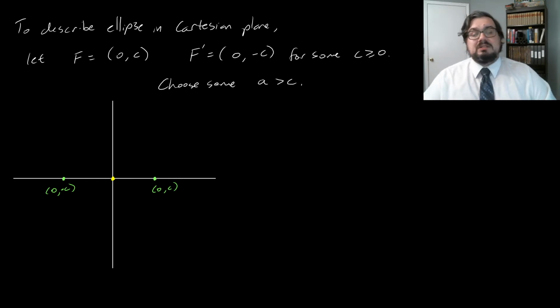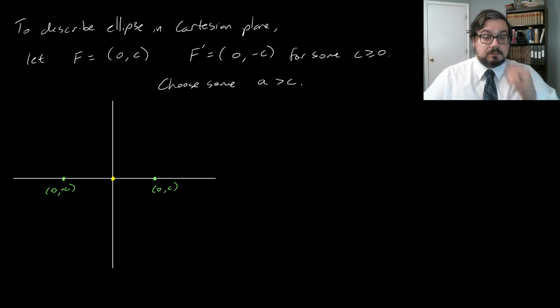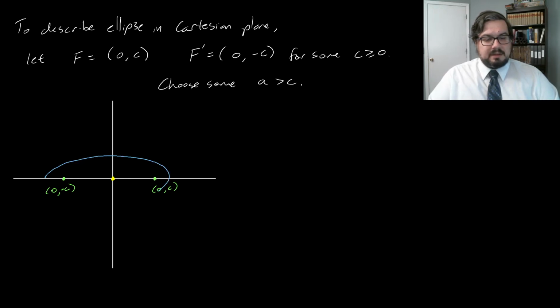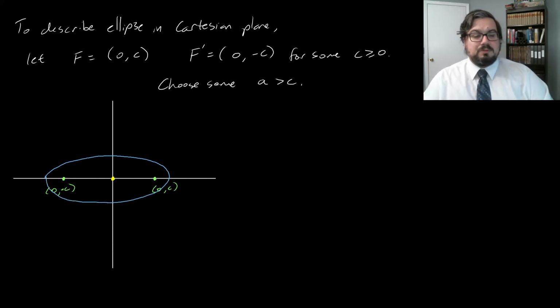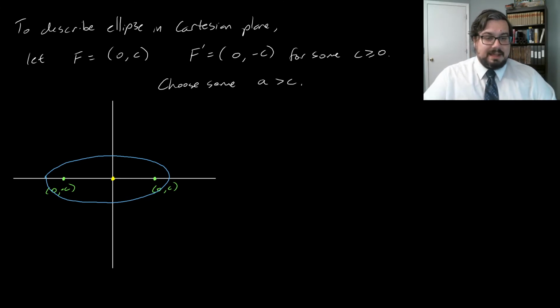So in order for us to actually get the shape that we want out of this, we need our parameter a to be greater than c. And that is going to give us a collection of points where the sum of the distances to the 2 points (0, c) and (0, -c) is equal to 2a.